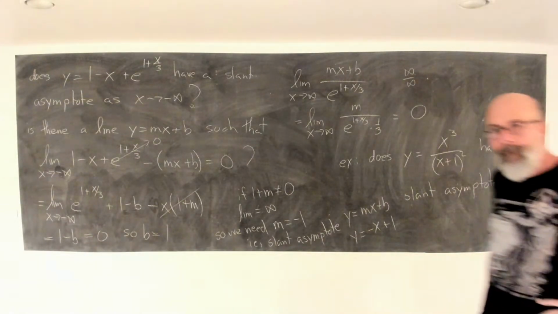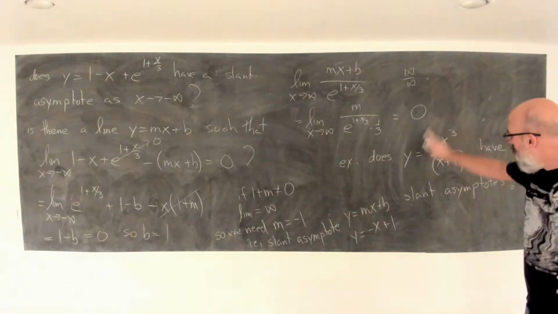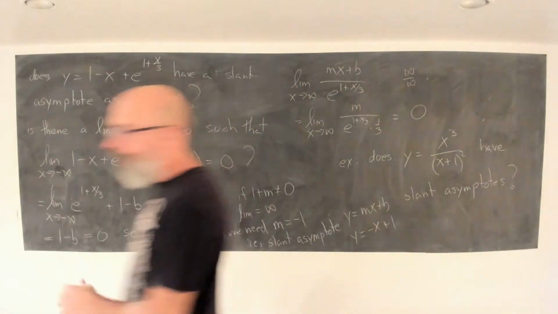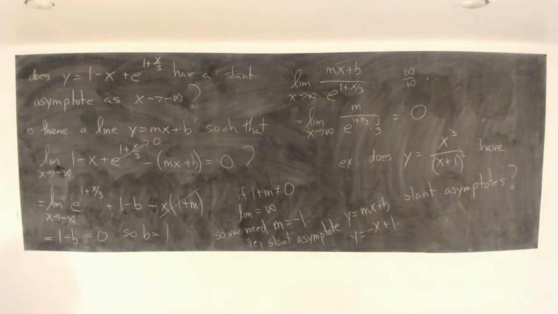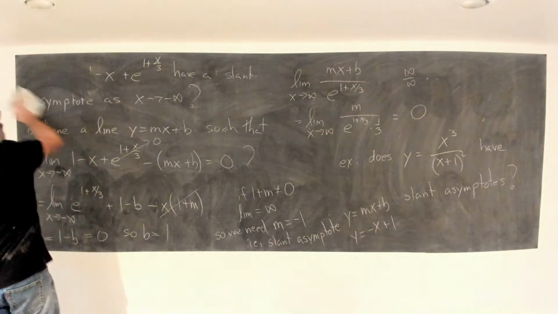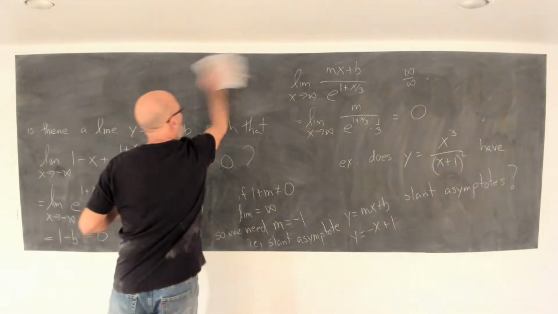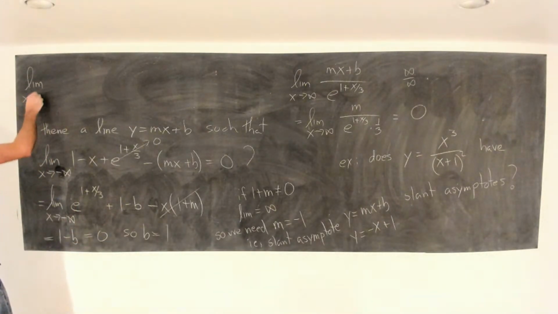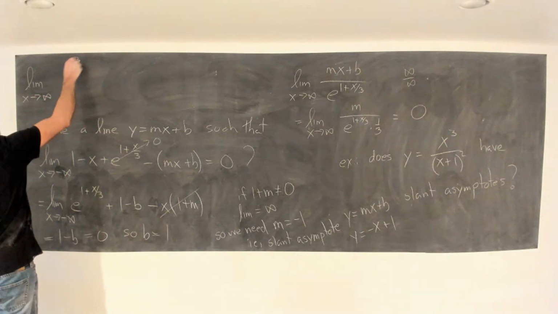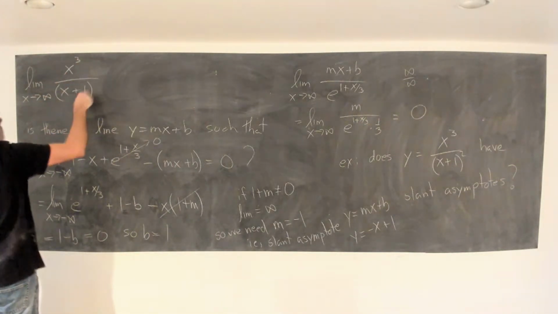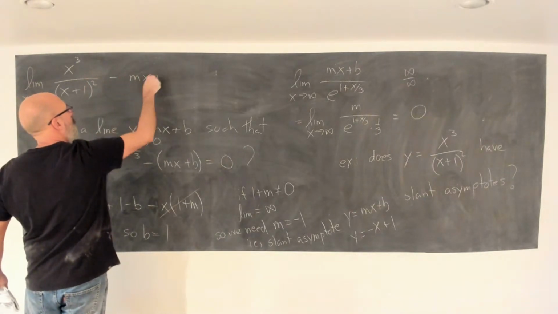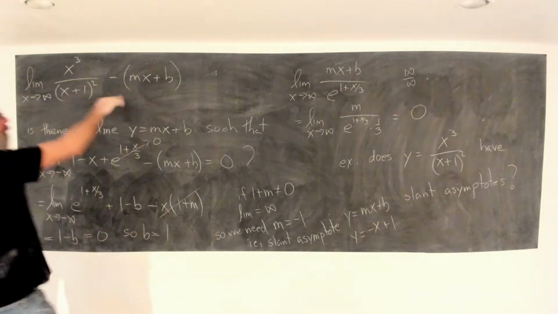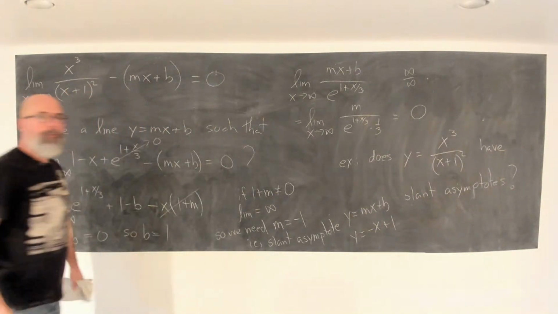Consider this. Same question here. Does this have a slant asymptote? We're going to answer it in exactly the same way. Is there a line mx plus b such that this difference is equal to 0?